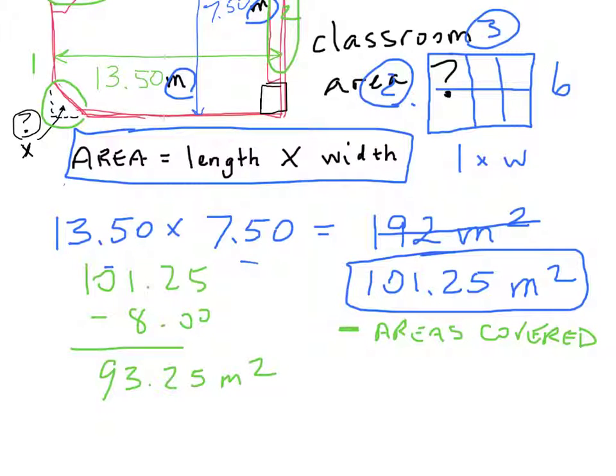Now, last thing here, really quick. What would I probably want to tell the person who's assessing this? I would probably want to tell them that this is the approximate area, because we didn't do exact calculations. We're just trying to get the approximate area based on what we could find out.